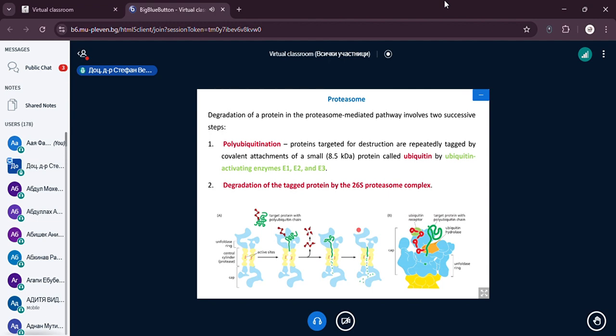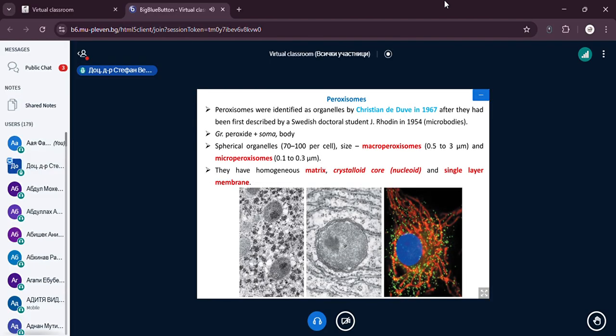The core particle is a protease complex, which degrades the protein. It cuts the peptide bonds between amino acids and produces amino acids or short oligopeptides, which are gradually liberated by the secondary regulatory particle. And that's how proteins are degraded in the proteasome.